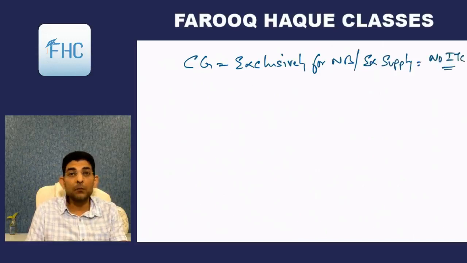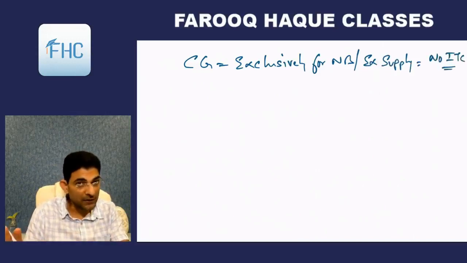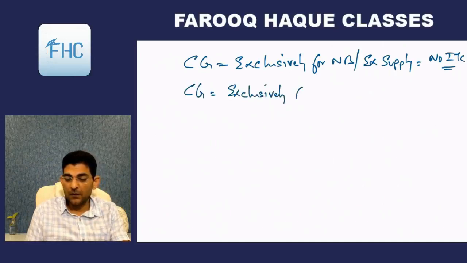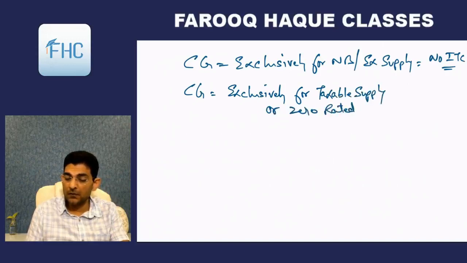There is no input tax credit, absolutely no ITC. Then if I have got a capital goods which is exclusively for taxable supply or zero rated supply, then I get full ITC.